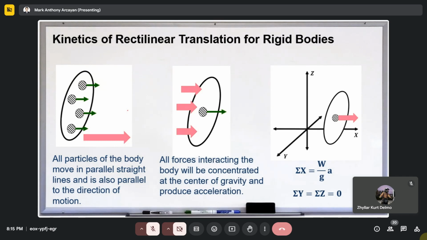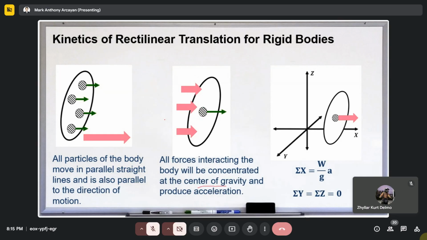Okay, so if that is the case, then we can just select one particle that would represent the entire object or the entire rigid body, and we will select that particle that is located at the center of gravity.